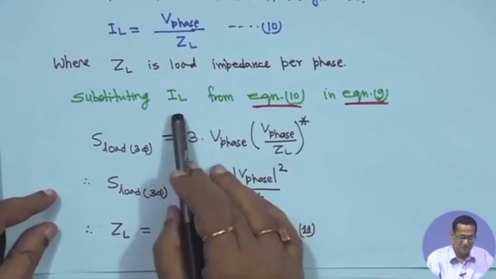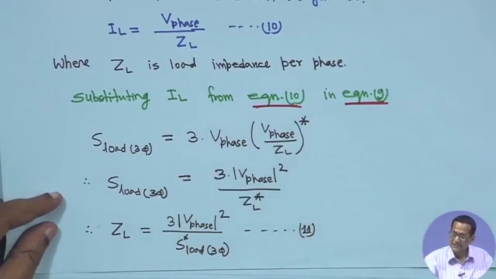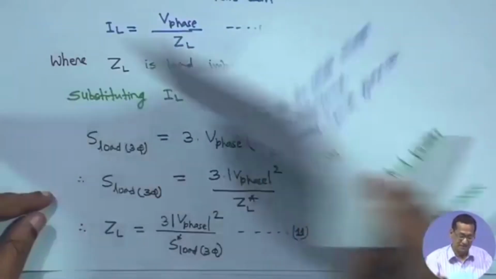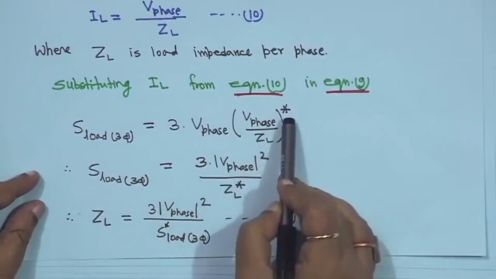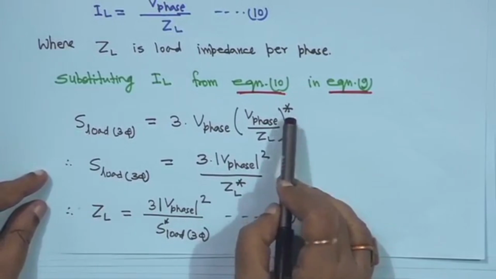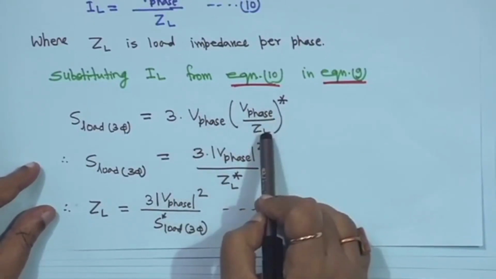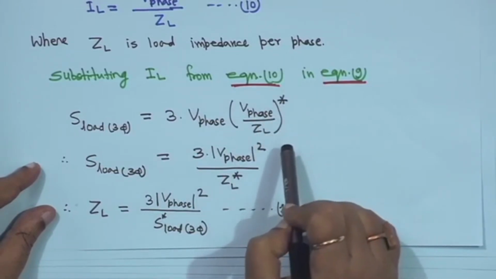Therefore, substituting IL from equation 10 in equation 9, S load 3 phase will be 3 into V phase, then V phase upon ZL conjugate, which is V phase conjugate divided by ZL conjugate.